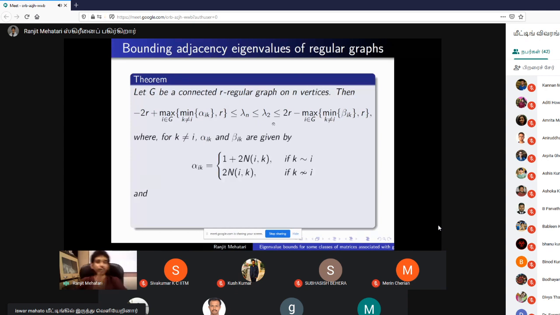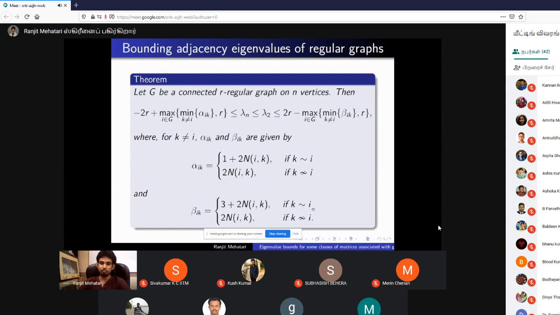Here alpha_ik we define as 1 plus 2n(i,k) if i and k are connected by an edge, and 2n(i,k) if i is not connected to k. Similarly, beta_ik equals 3 plus 2n(i,k) if k is connected to i, and 2n(i,k) if k is not connected to i.